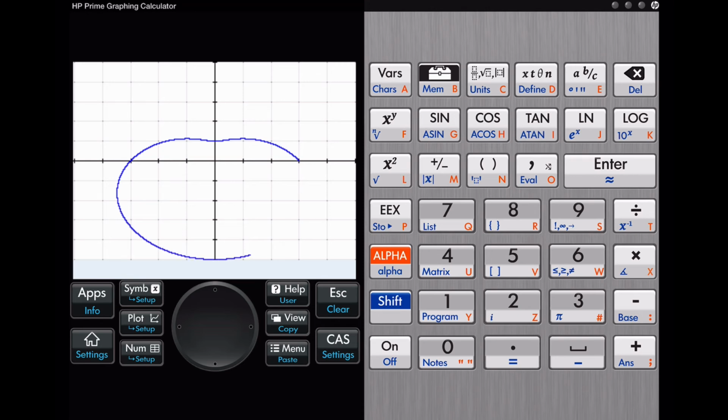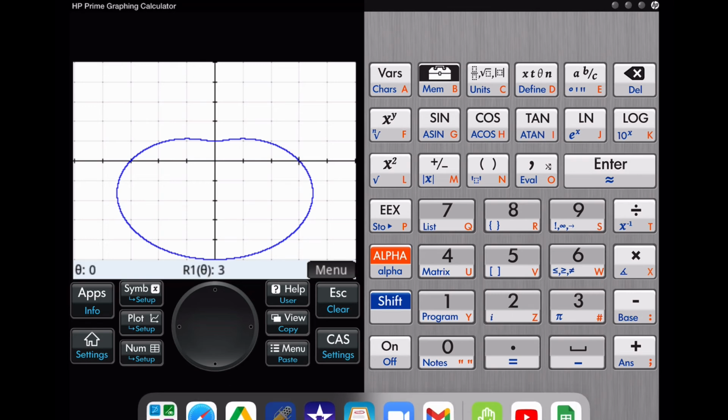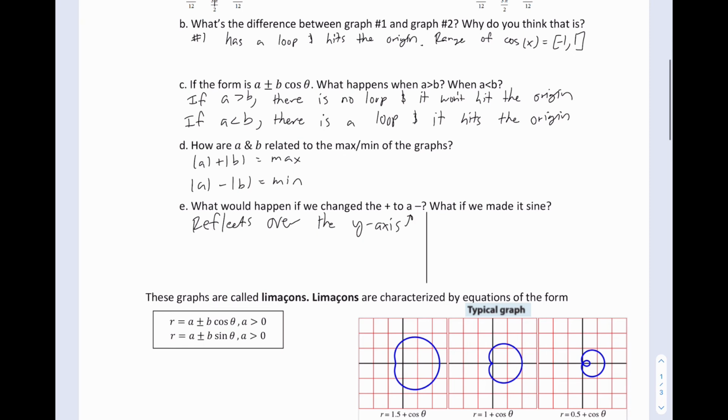The orientation is now going down. Or you can think of it as y-axis symmetry. So let's write that down. It changes orientation to have y-axis symmetry.